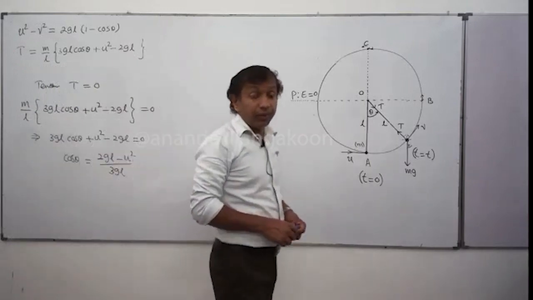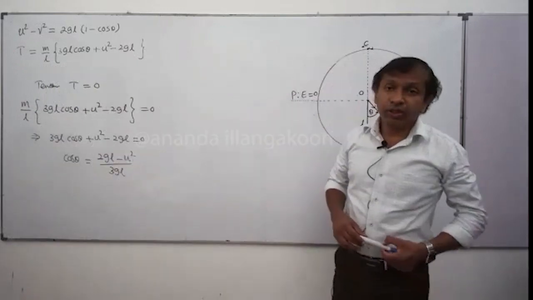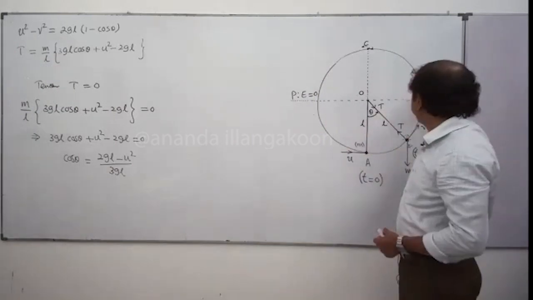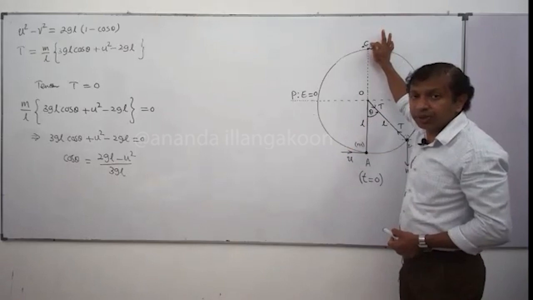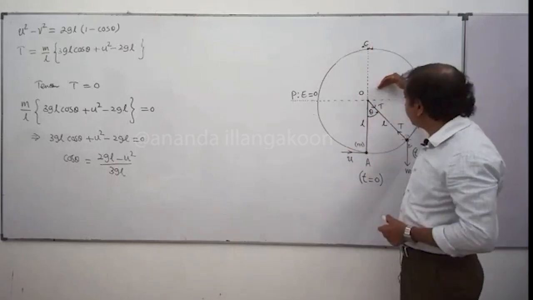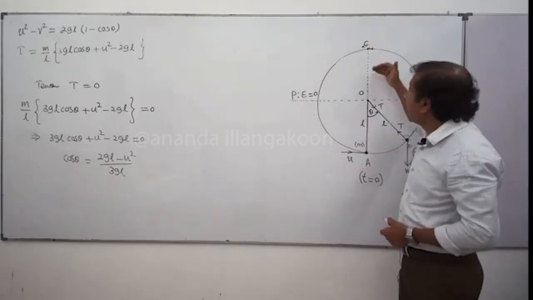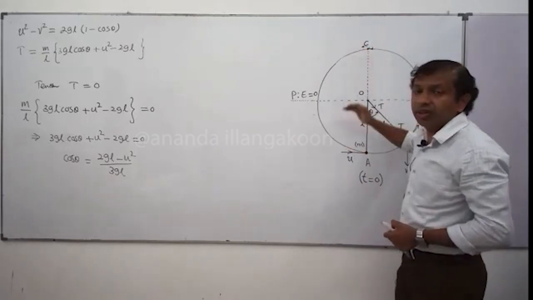But we know if the particle leaves the circle, that can happen somewhere between B and C. On that occasion, theta above the level of B means theta more than 90. Before C means theta less than 180.